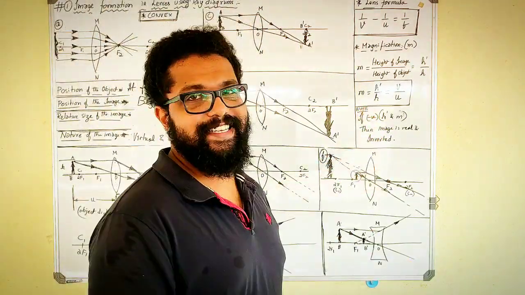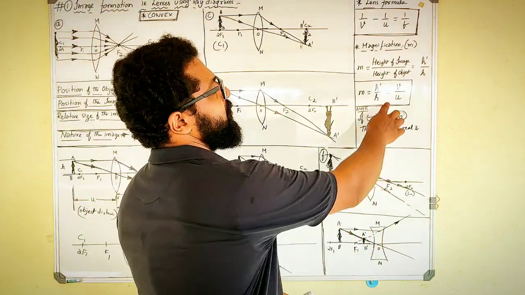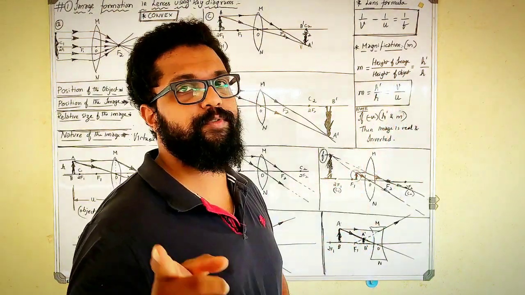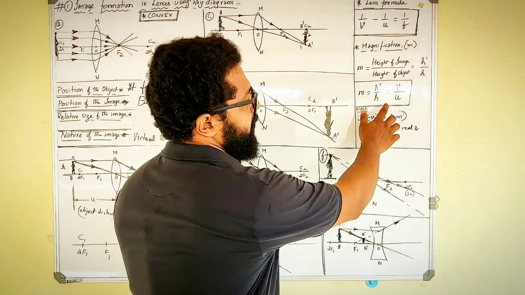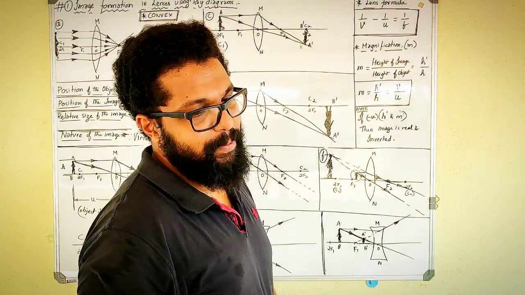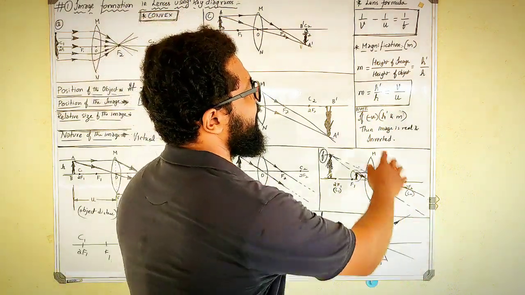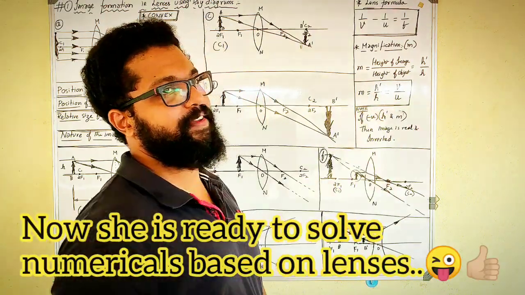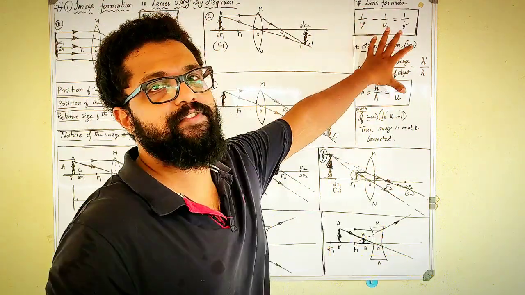Now in lenses it is plus V by U. There is no change in sign. In mirrors it was minus V by U, whereas in lenses it is plus V by U itself. Okay, so this is the formula for magnification.